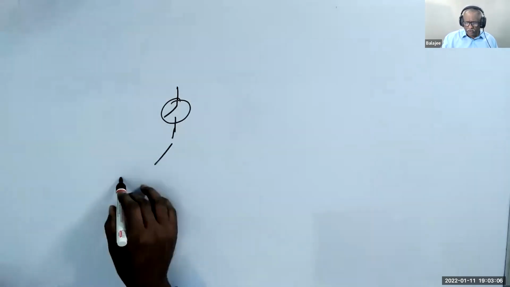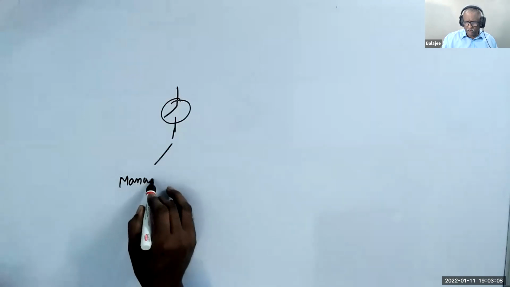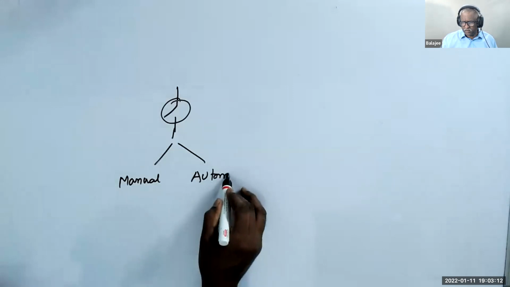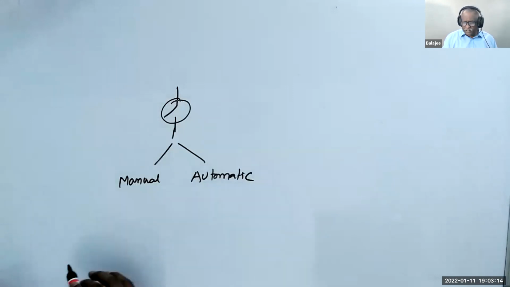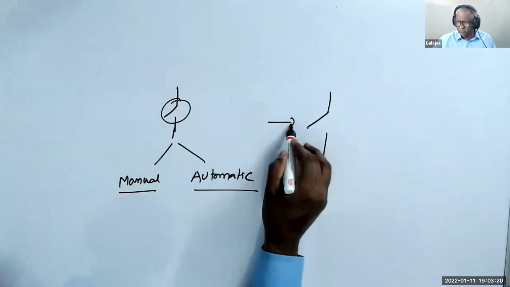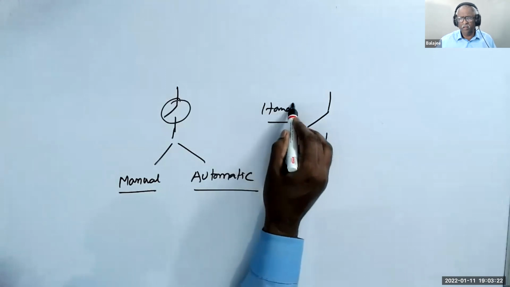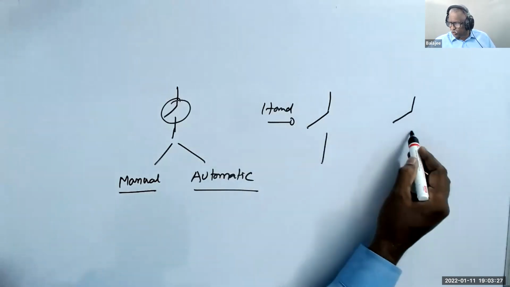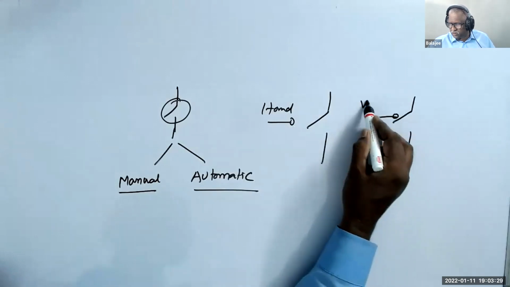One is called manual, one is called automatic. The difference between manual and automatic is, in the manual switch, you control the switch by hand. In the automatic switch, you control the switch by voltage.